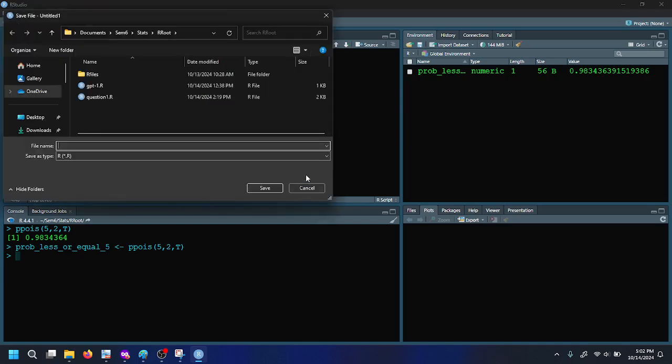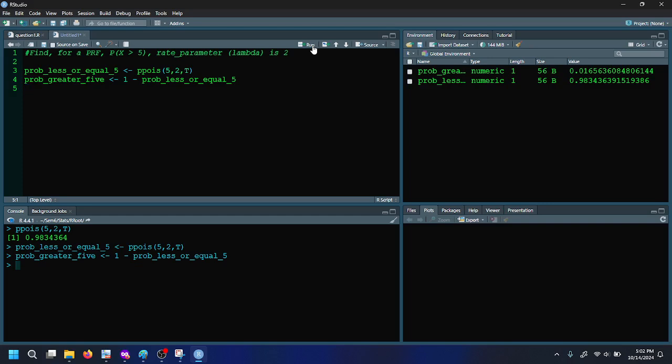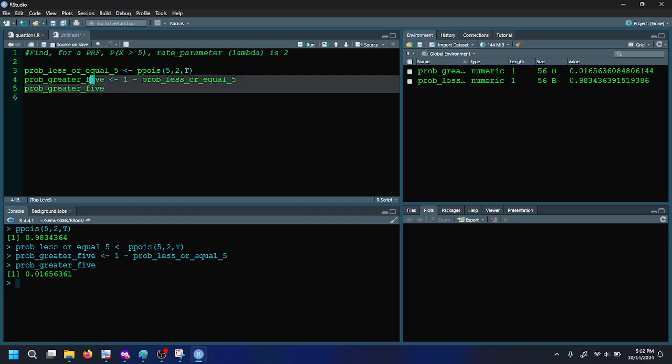If we run this, we get 0.0165. And that's how we can use the ppois function to do cumulative distribution functions inside of R.